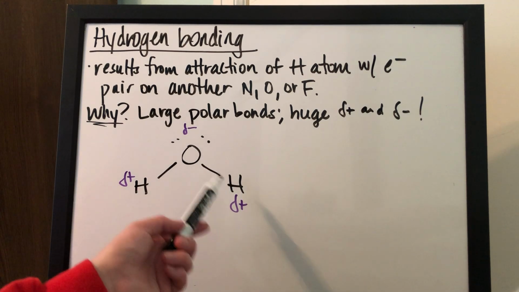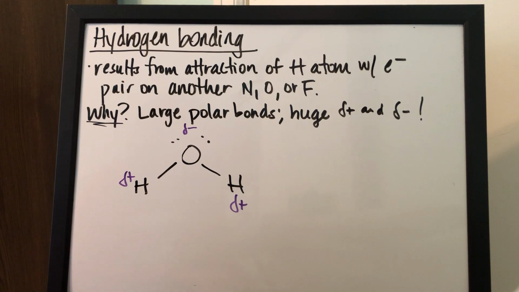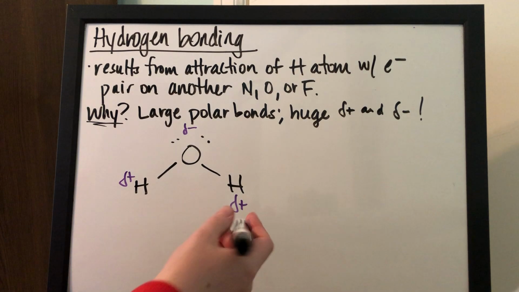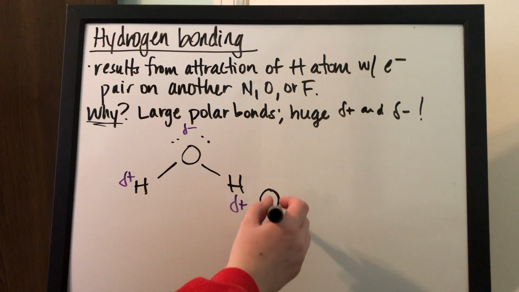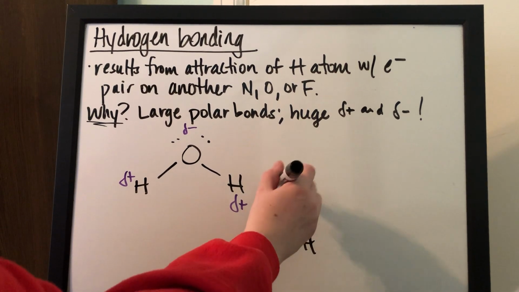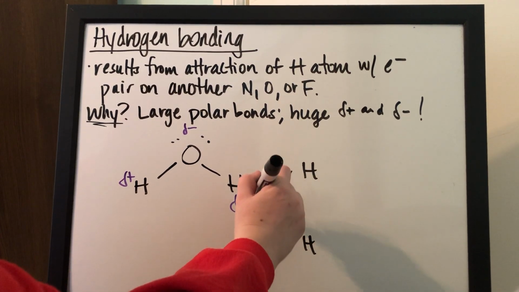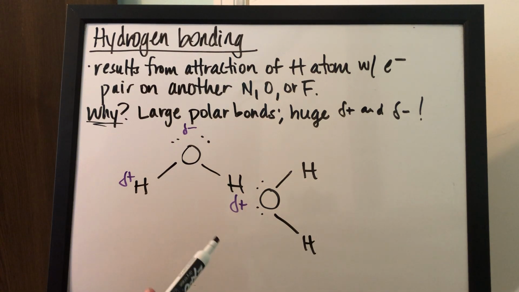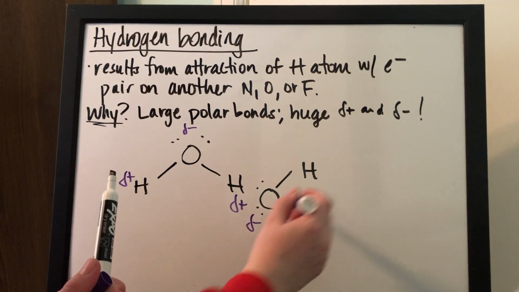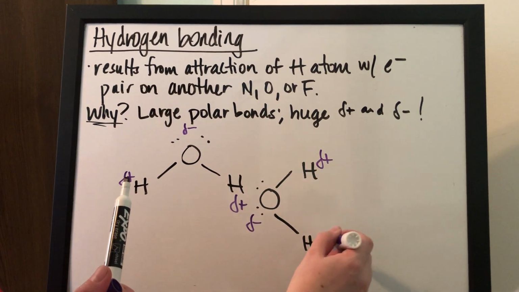That's because you have an H attached to an O who can hydrogen bond with the oxygen's lone pair on a second water molecule. So we already know it's going to align itself with the O here due to your partial charges.